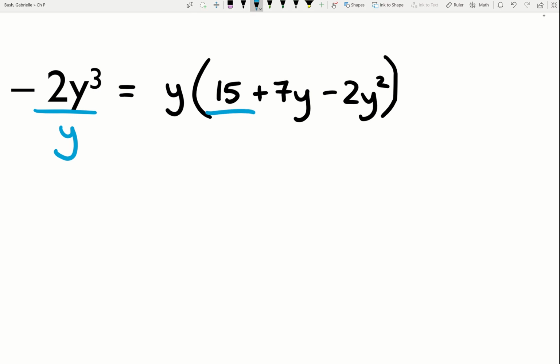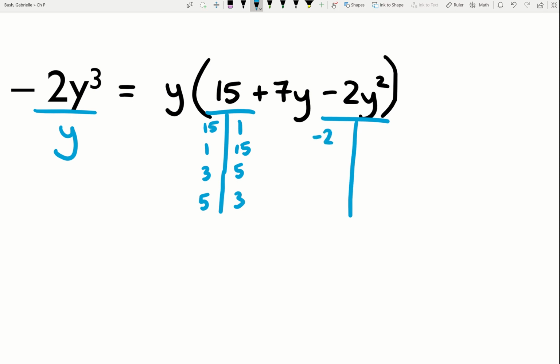So if I think about factors of 15, I could have 15 and 1, I could have 1 and 15, I could have 3 and 5, or reverse the order, 5 and 3. These are all different possibilities for how to do the L in FOIL. For the F in FOIL, for the first terms, keep in mind I want a negative 2y squared. So that could either be negative 2y and y, or positive 2y and negative y, and I think that would be all of the different combinations there.